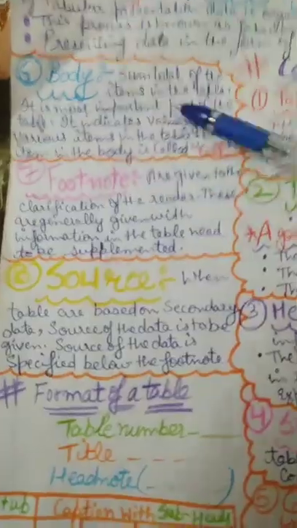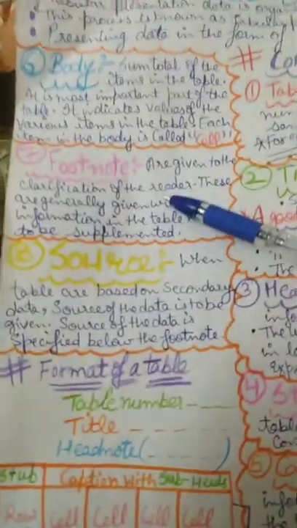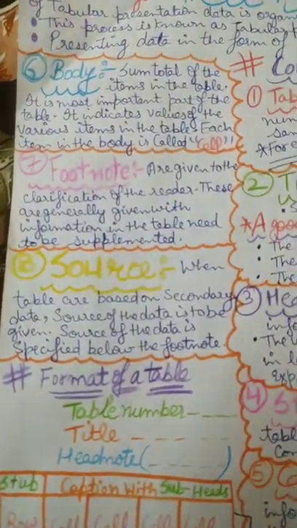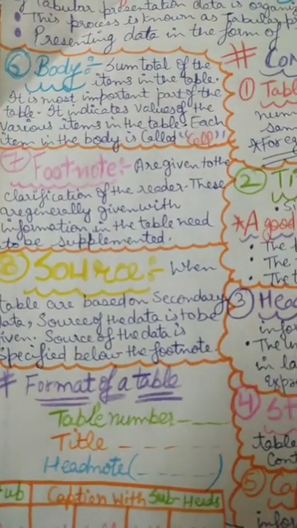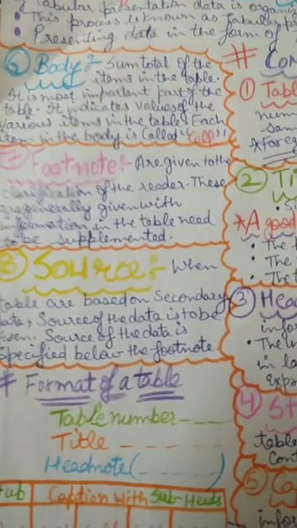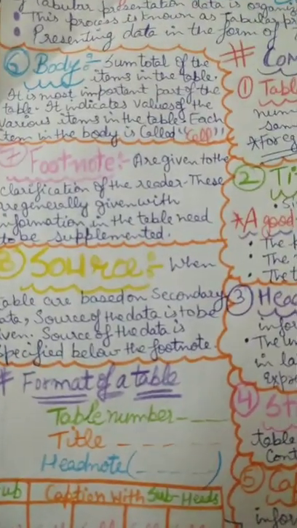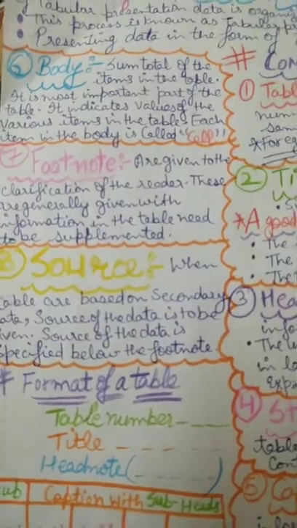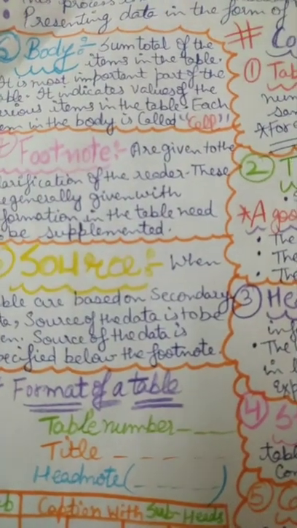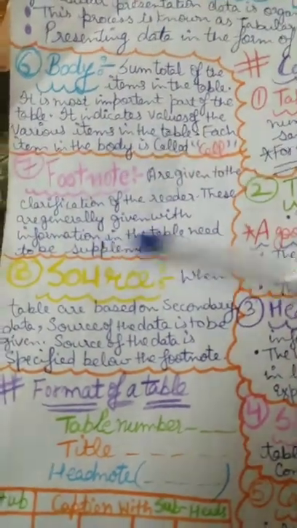Footnote means clarification given for the clarification of the reader. For example, in your English books, in your Hindi books, some difficult words' meanings are written at the bottom of the page, that is known as footnote.